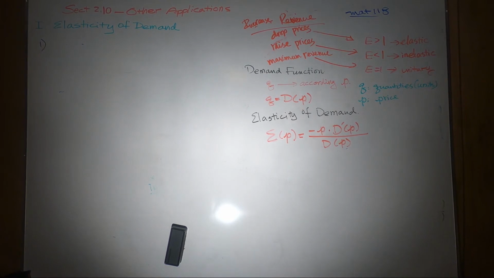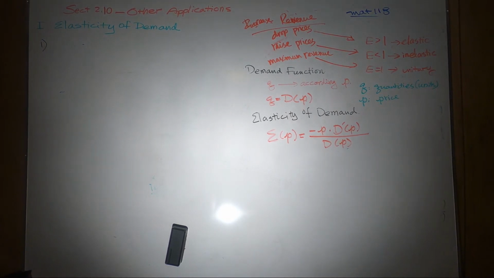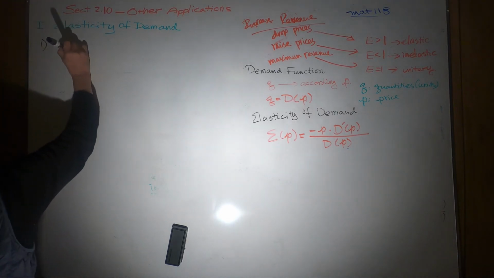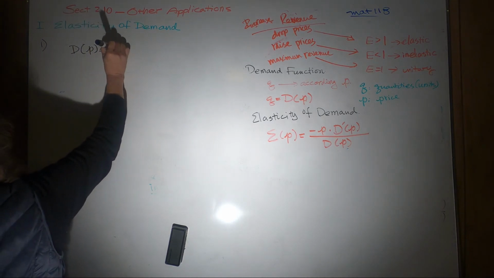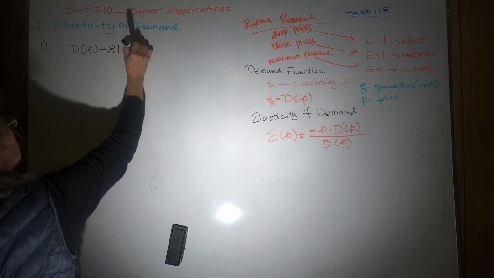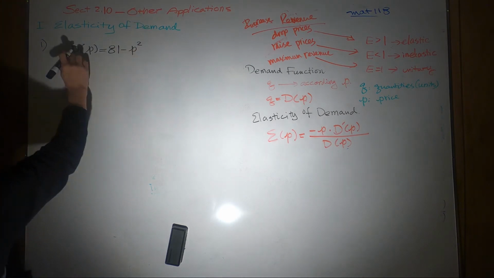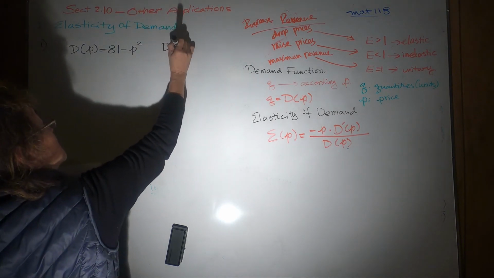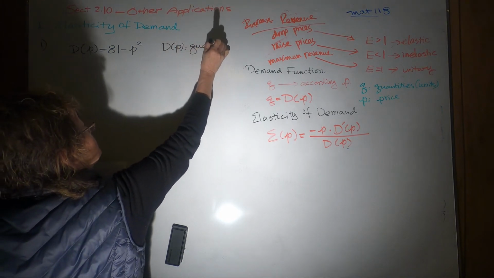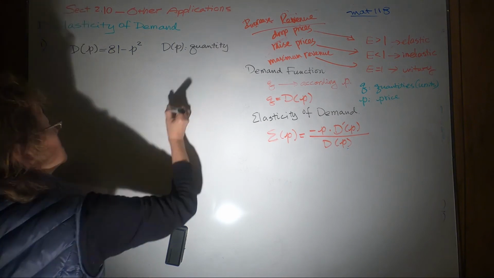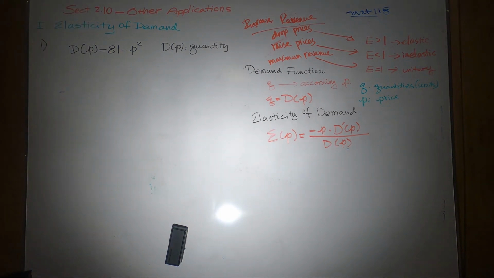A bus line estimates the demand function for its daily commuter tickets to be this function. Demand D of P equals 81 minus P squared. So demand, D of P, is your quantity, right? The amount of tickets you can sell.